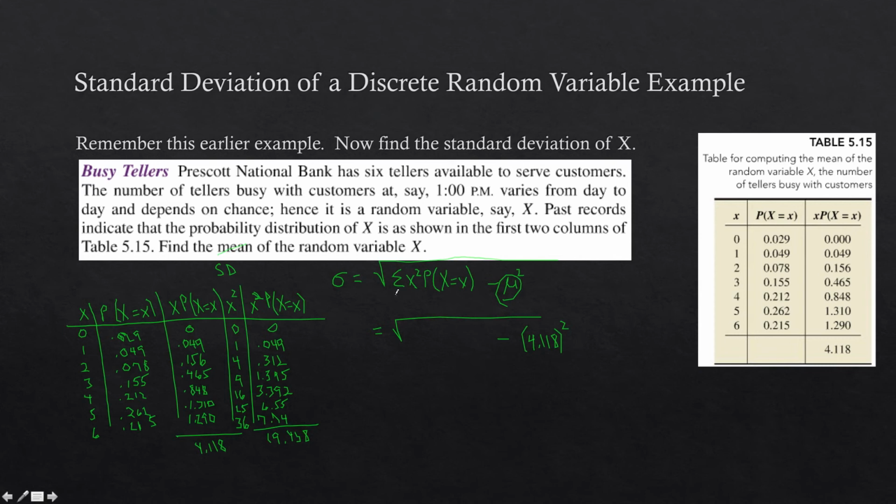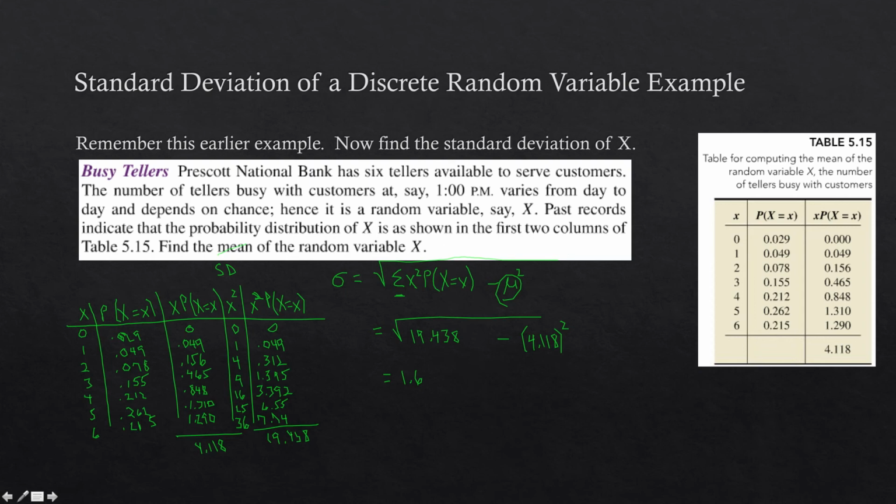Because notice, we have to take the sum of it. So that's why we added it up. So that's going to be 19.438. So do the arithmetic here, and you should get 1.6 for the standard deviation there.